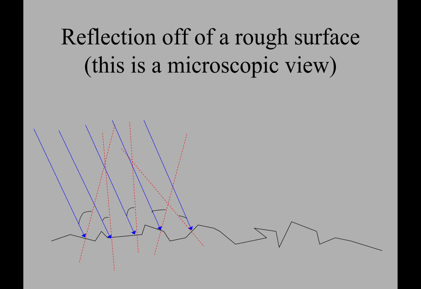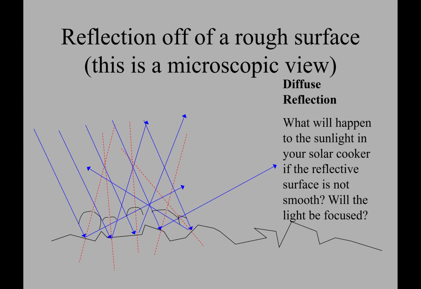And the law of reflection works for each individual ray. So if I draw an angle of reflection here that is equal to this angle of incidence, there's my reflected ray. Now I draw an angle of reflection that's equal to this angle of incidence. My reflected ray goes off in a different direction. So if I apply the law of reflection at all of these incident points, you'll notice that my reflected rays are scattered. This is called diffuse reflection.